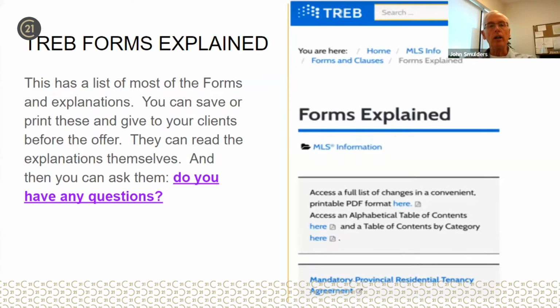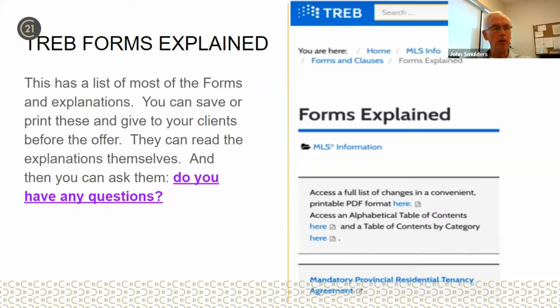It's always a good idea to have this. You can save these, print these, or email them in that format and give them to your clients before the offer. They can read the explanations themselves, and then you can ask, do you have any questions about the document before they sign it? It's a great thing. When I was selling real estate, this Forms Explained didn't exist.